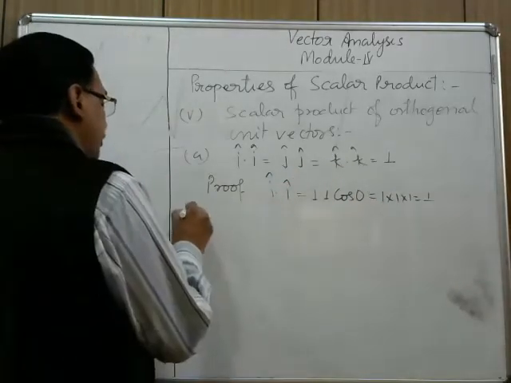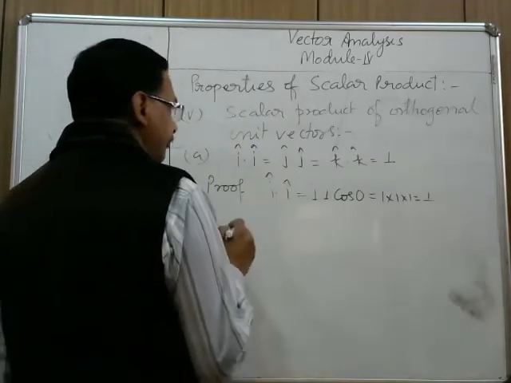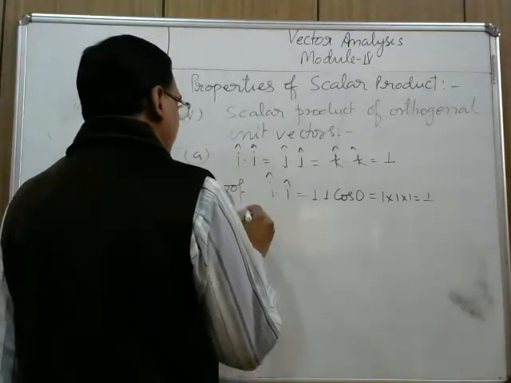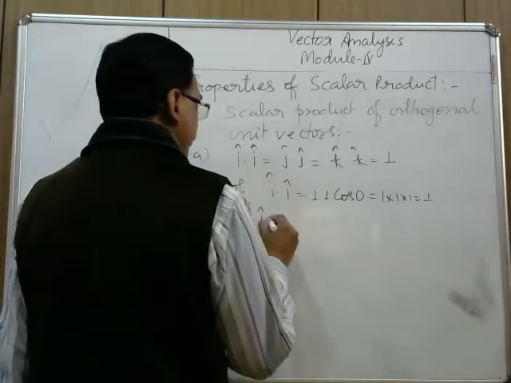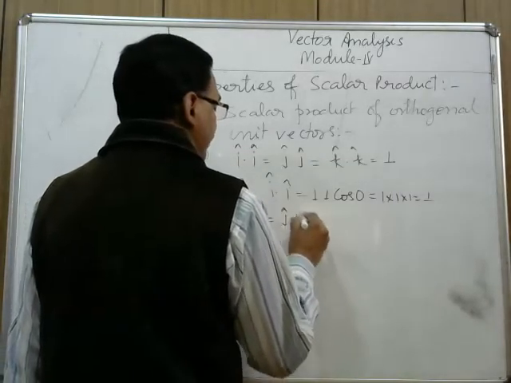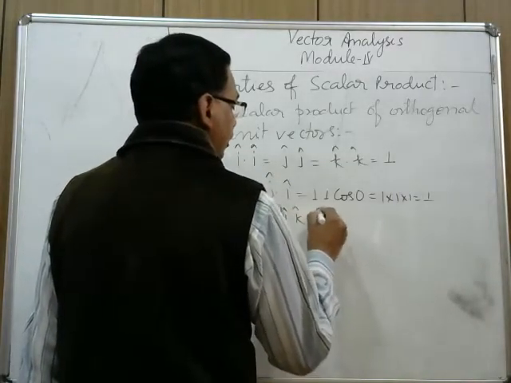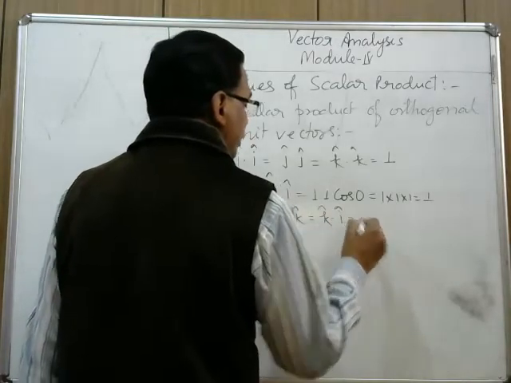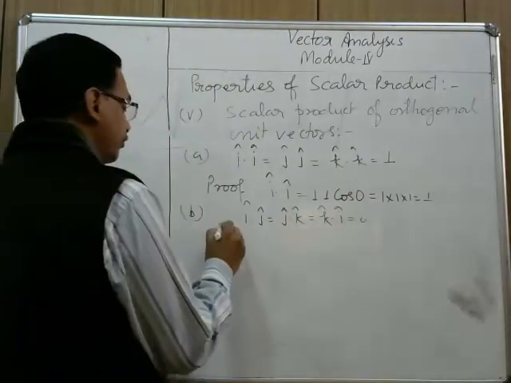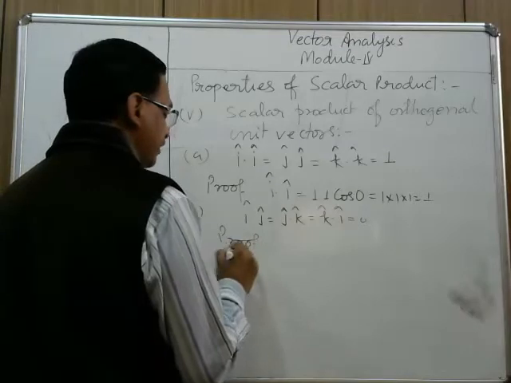Another property of unit vectors: i dot j, j dot k, k dot i equals 0. Again, I will explain one proof.